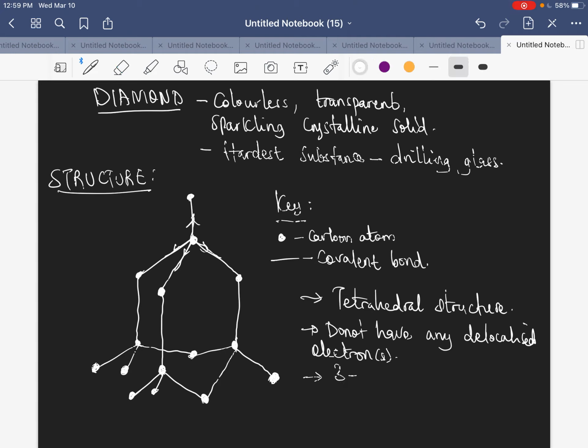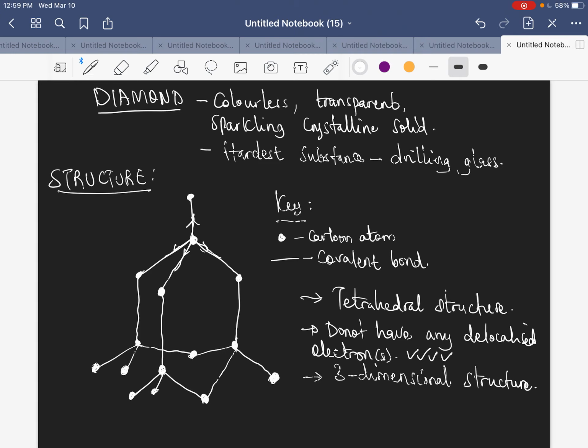It is not layered. So because diamond does not have any delocalized electrons, we say it is a very, very poor conductor of electricity.